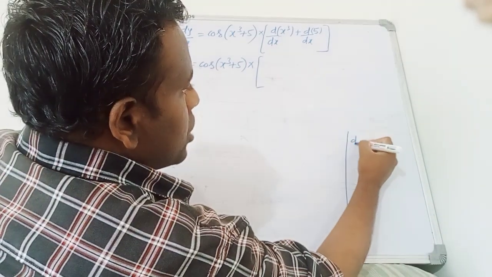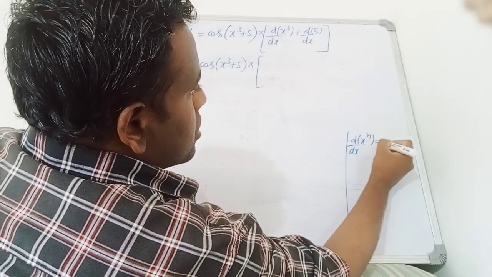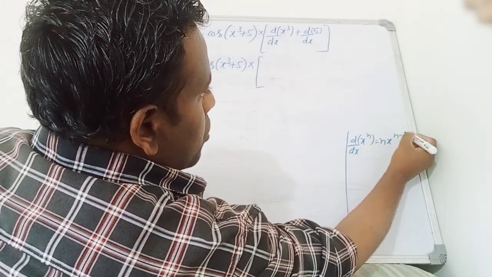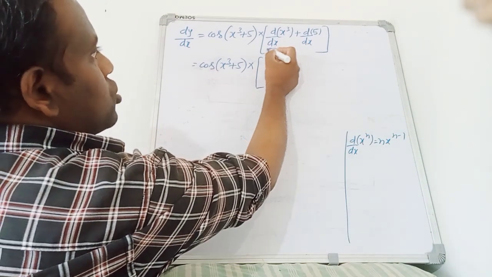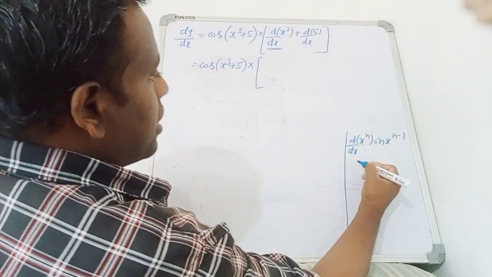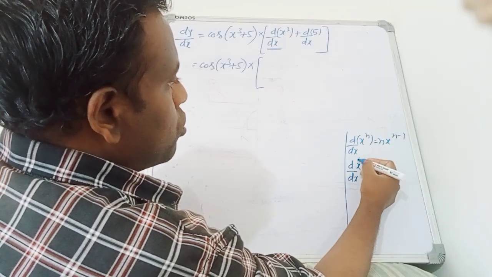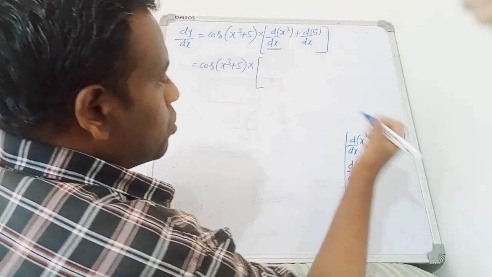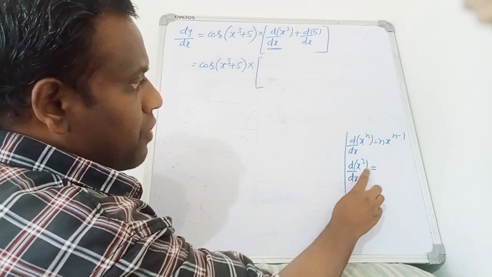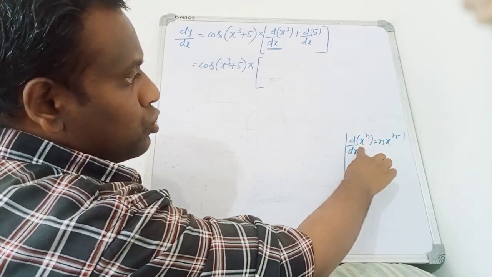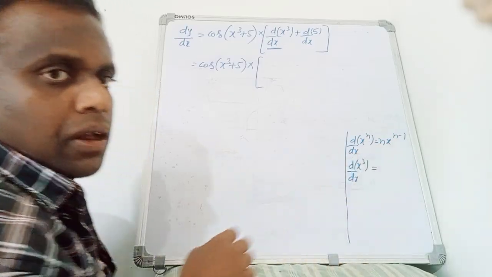There is a general formula: d by dx of x to the power of n is equal to n into x to the power of n minus 1. Now d by dx of x cube is in the form of this, so in place of n we have 3.